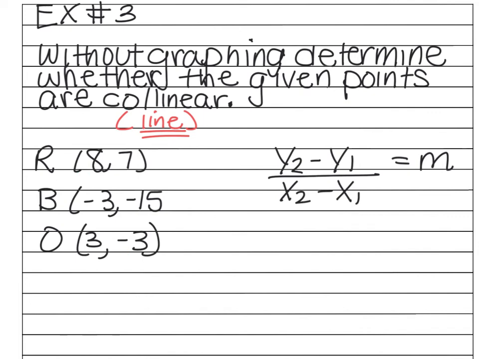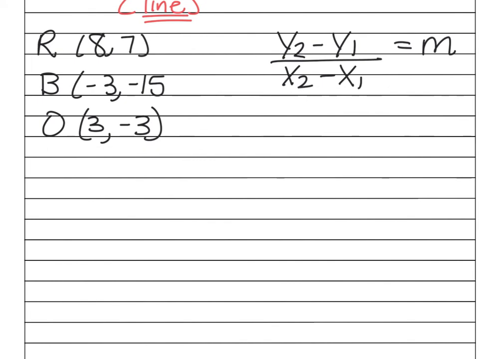So what you want to do is take 2 points. I'm going to start with the point R and O. You can start with whatever one you want. But we're looking at the slope here of RO. So if you look at your formula, you have y2.